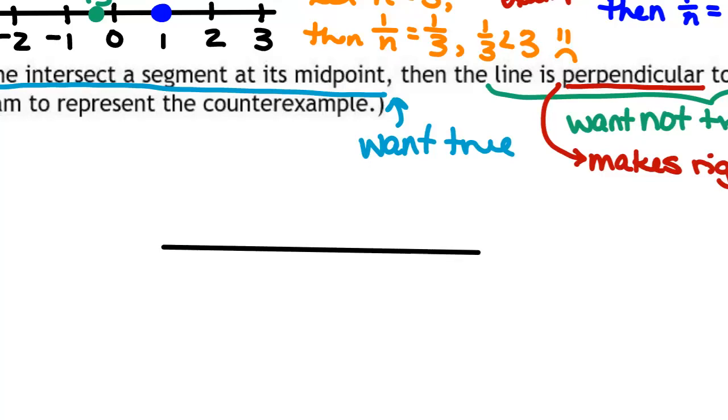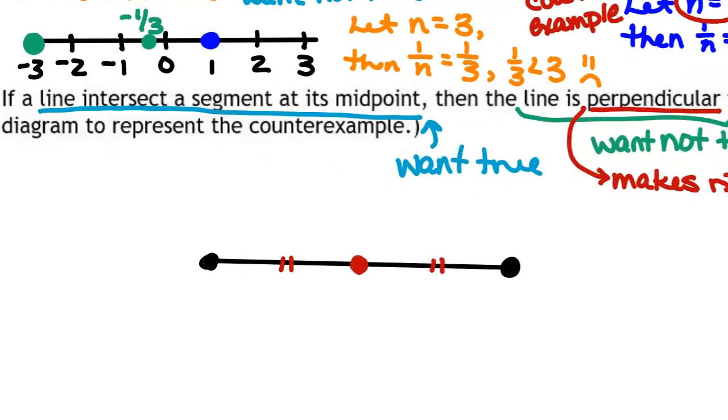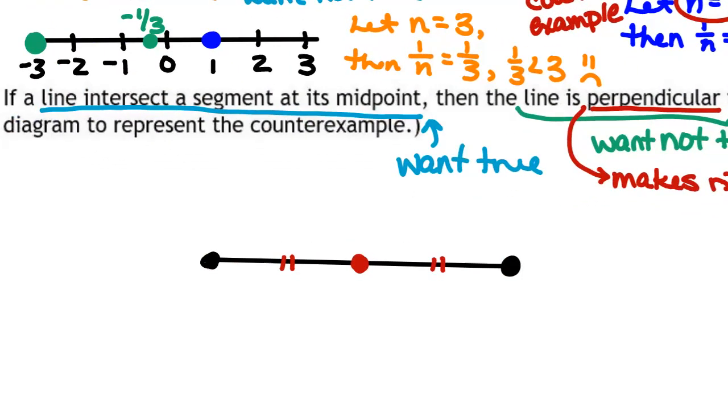So if I have a line segment like this, got my endpoints. Midpoint could be right here so that these two segments are the same size. And I need a line that intersects that, kind of like this.